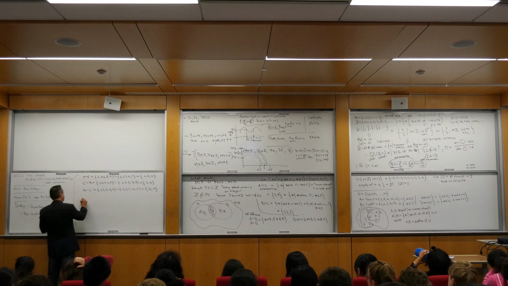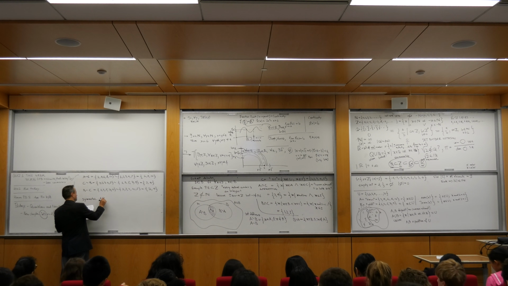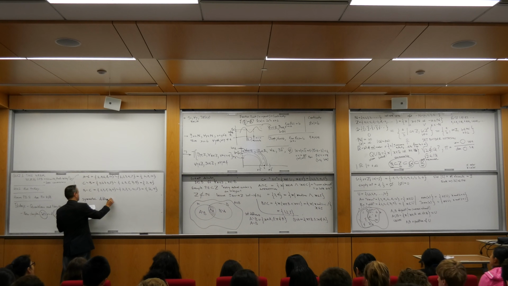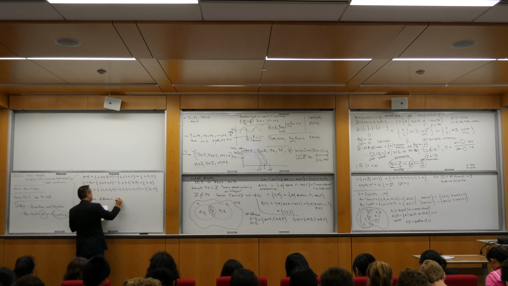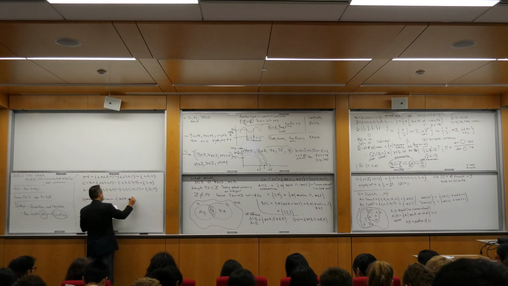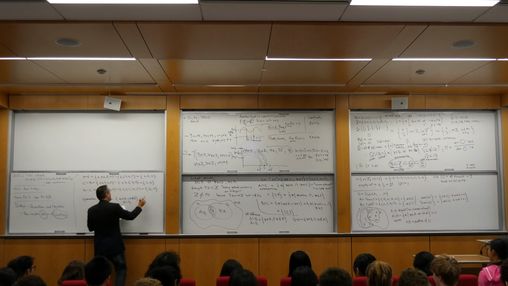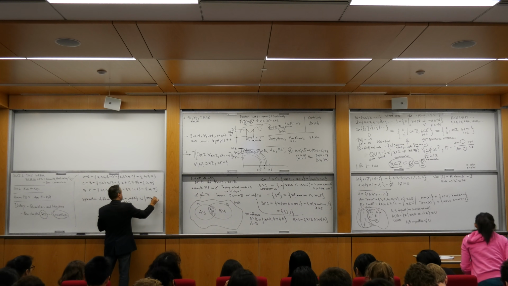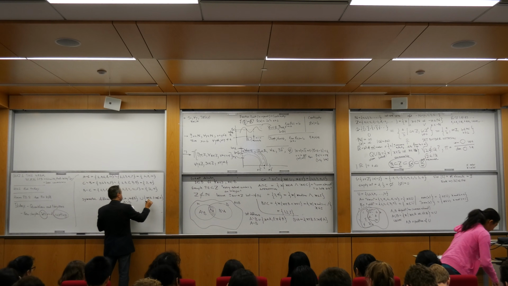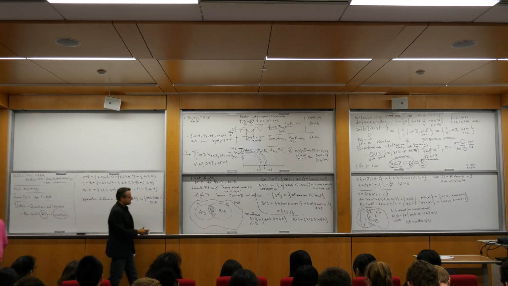So sometimes there's another name for these. I don't think you're going to need this, but just in case. That is all the x's that are in A but not in B. That's A minus B. Union all the x's that are in B but not in A. That's B minus A. So that's this part, the symmetric difference.